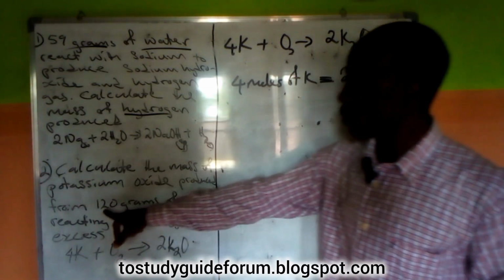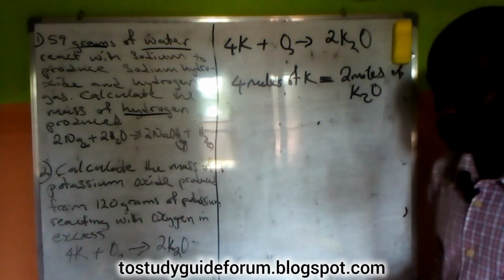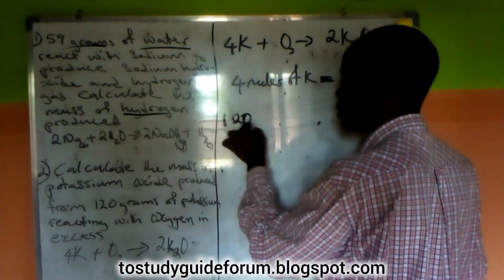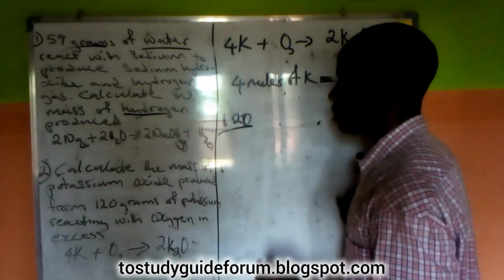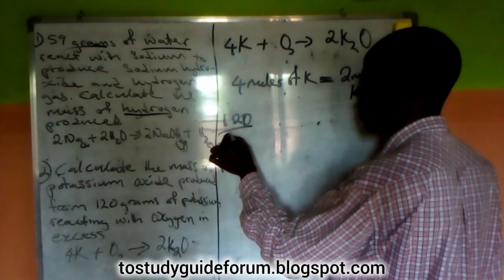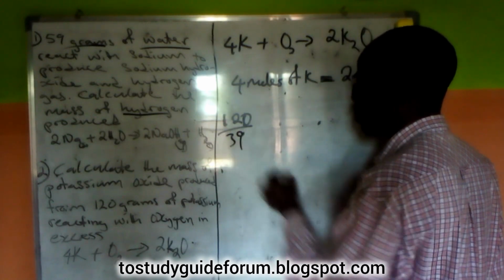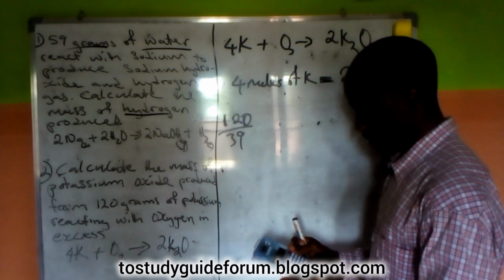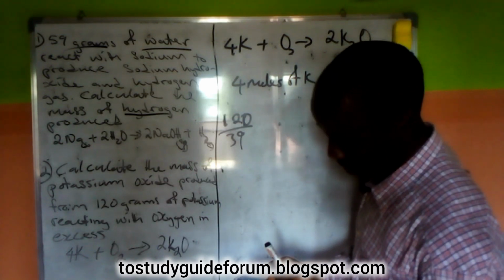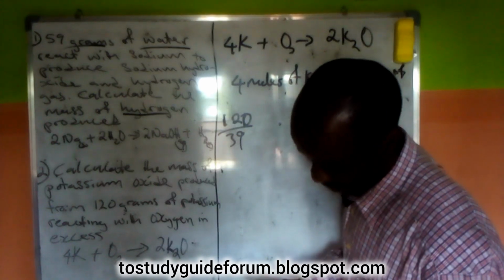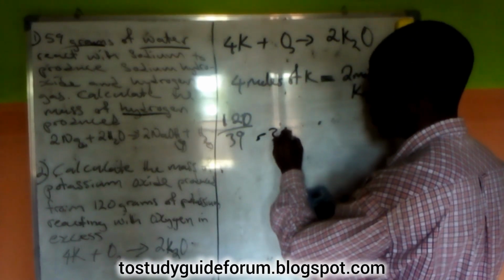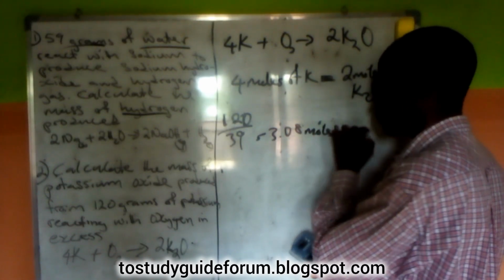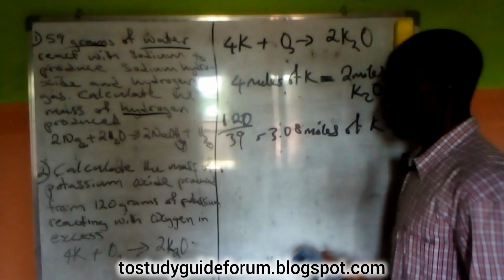So what we do here is convert this 120 grams to moles. 120 divided by the molar mass of potassium, which is the relative atomic mass of potassium, 39. 120 divided by 39 gives us 3.08 moles of potassium.